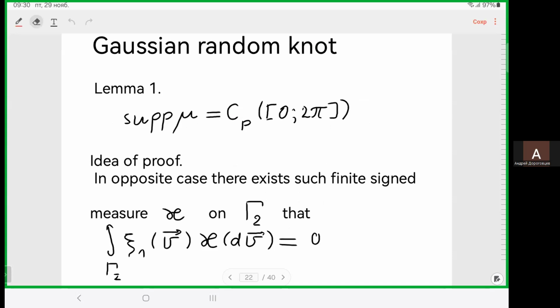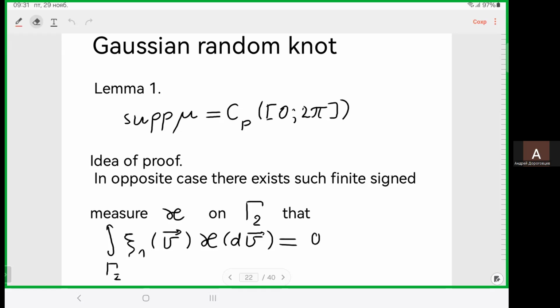Maybe you remember from the probability course that a Gaussian random vector has linear support. It can be concentrated on some hyperplane in the space. It depends on the covariance matrix being non-degenerate.